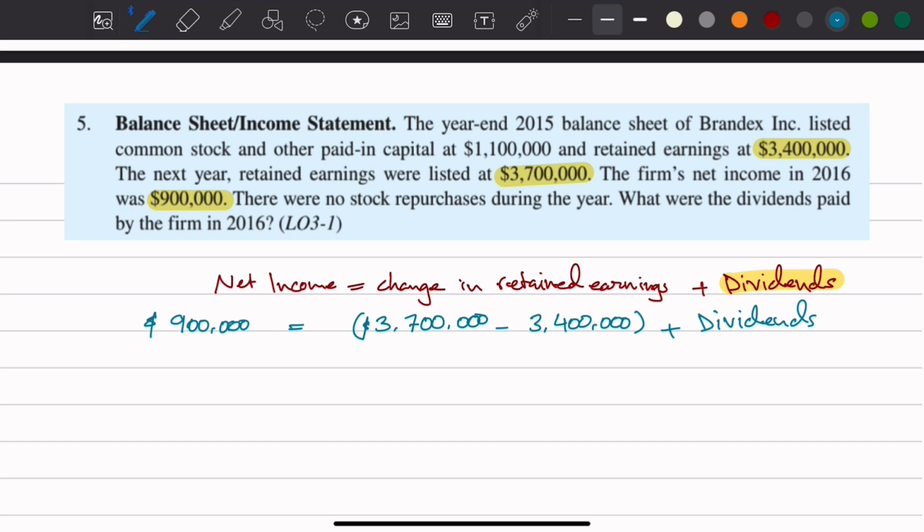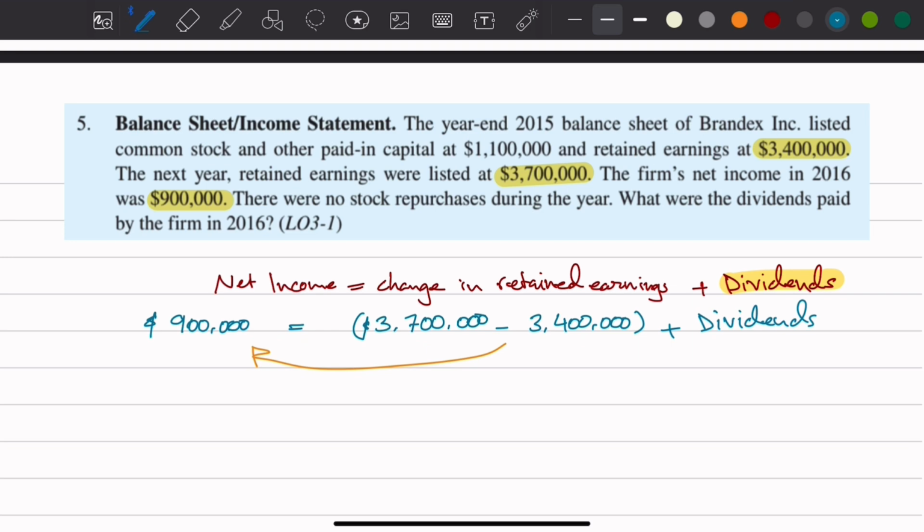Now, the change in the retained earnings is 300,000, right? We can take that to the other side and subtract it from the 900,000, and that will give us the amount of dividends paid out.